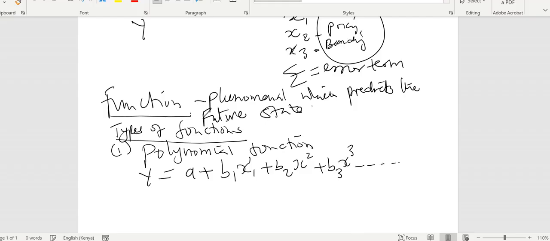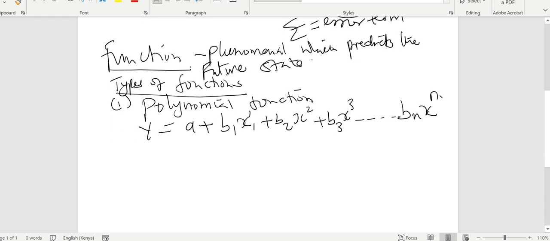Meaning we can have as many as possible, and then we have the nth term, bn x raised to n. That's a polynomial function. And you know what is y and what is x; we have already explained them.